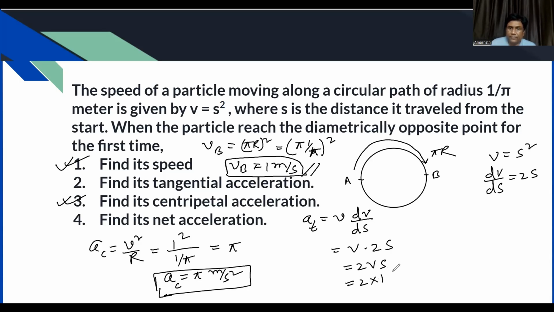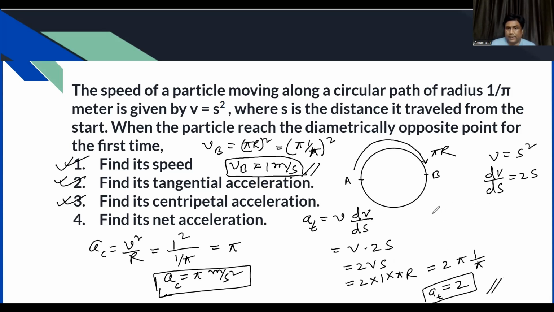Velocity at B is 1 and the distance up to B is pi r. So the answer is 2 pi r. R is 1 by pi. So it is 2. So at is 2.